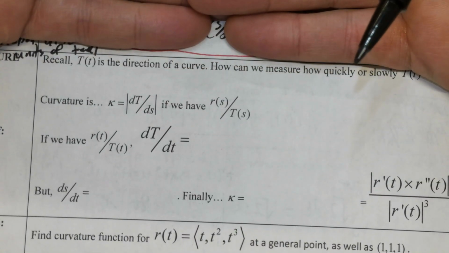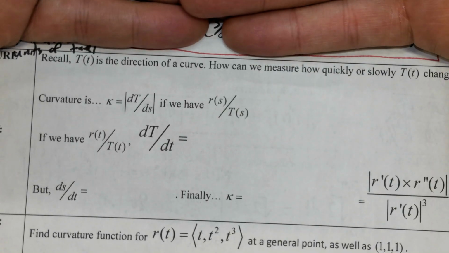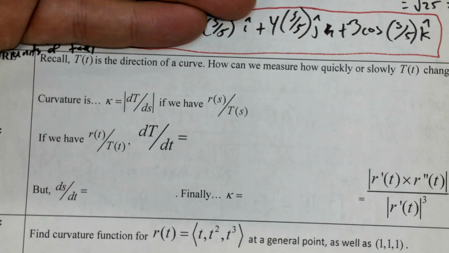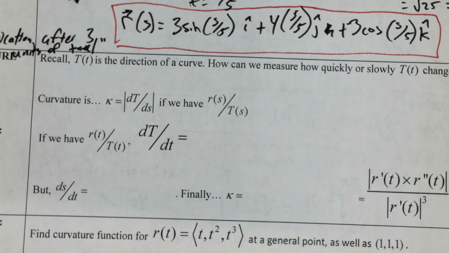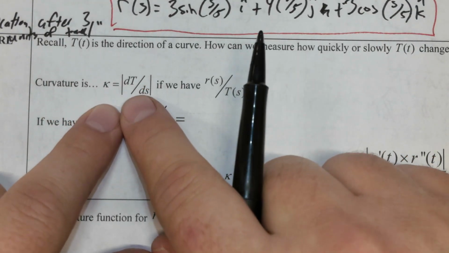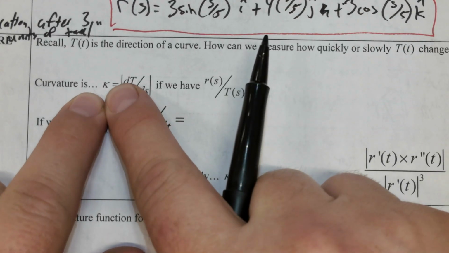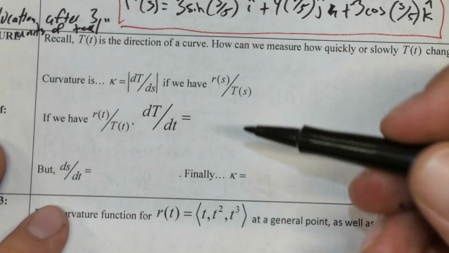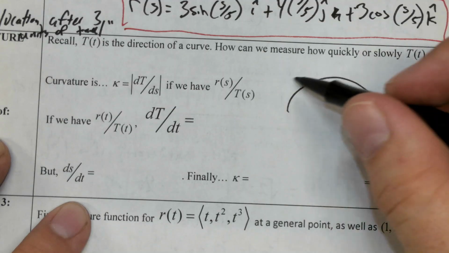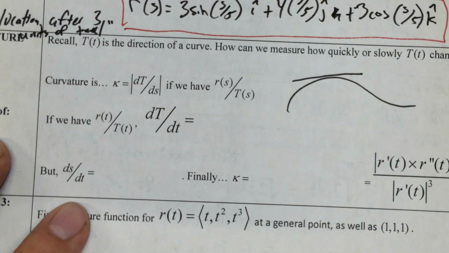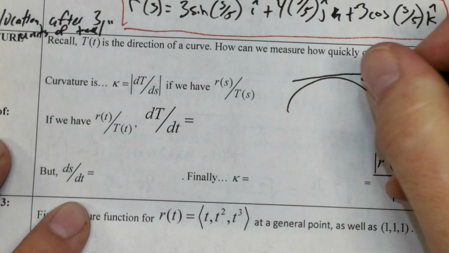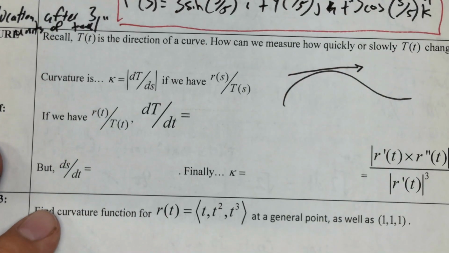Now, it's our job to talk about curvature. Curvature is a bit complicated. We're going to define it, we're going to do some curvatures, and then when you guys come into class, we'll contextualize it and have it make a lot more sense as we finish out the second half of this lesson. Curvature is this fancy kappa. If you imagine my 3D curve, curvature is how that tangent function, T, changes.